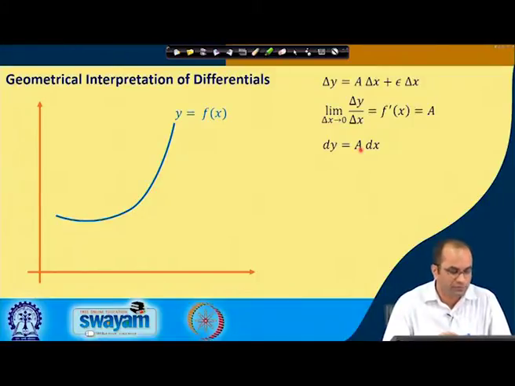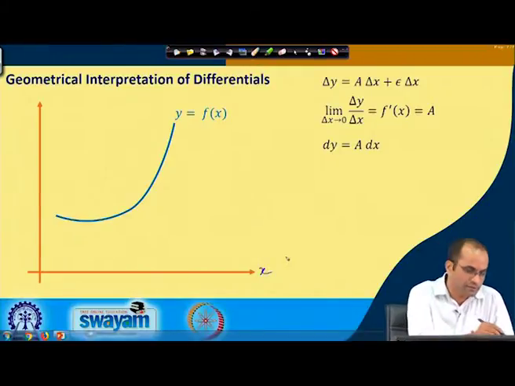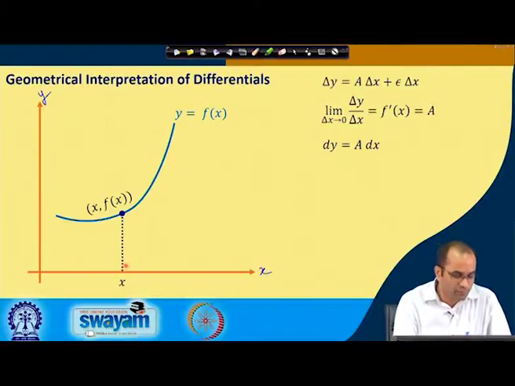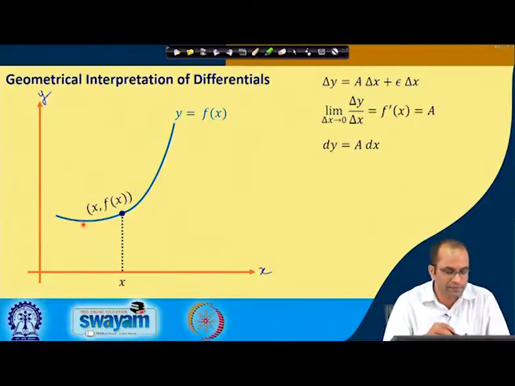Now we will see what we mean by this increment and this differential in terms of geometry. Let us consider the function y, with the x axis and the y axis. We have this curve y equal to f(x), a function of one variable, and let us take a point x here. The point on this curve is (x, f(x)), so the height is f(x).